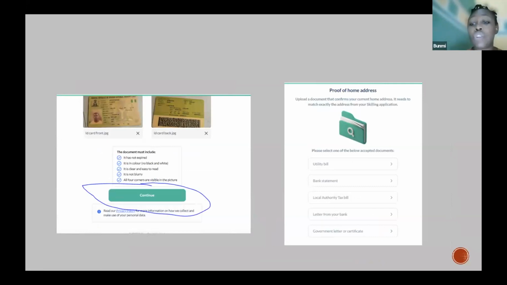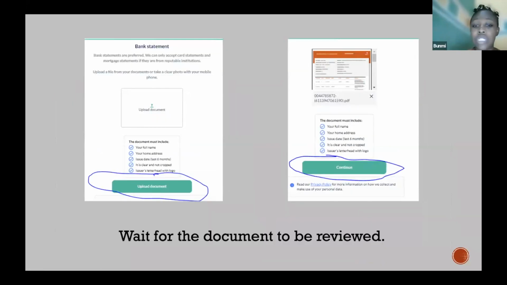Whichever document you select and upload, ensure that the proof of address has your name and your address. For example, if you select a utility bill, ensure that it carries your name and address. Some of us do not own a house here, so you can use your bank statement. Your bank statement will surely have your name and address on it.